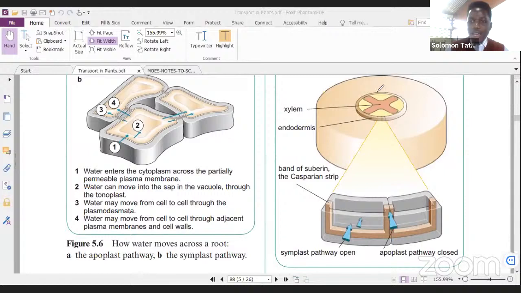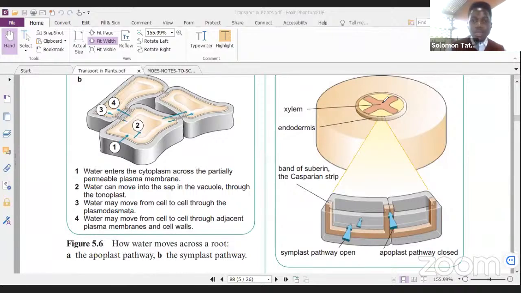But there are also perforations, especially for the symplast pathway, but not for the apoplast pathway, okay? It is in that place where the apoplast turns into the symplast. So it's made up of a polysaccharide which is very hydrophobic and doesn't allow water to pass through it.